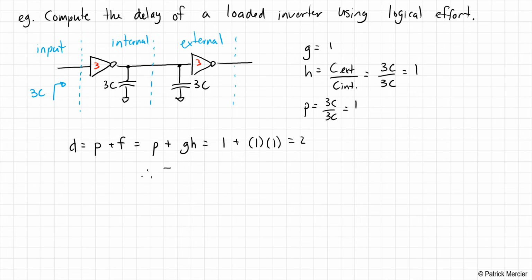Therefore the propagation delay through this circuit is D times tau INV, which is equal to 2 times 3RC, and that is equal to 6RC. You should recall that this is equal to what we got through our earlier exercise.